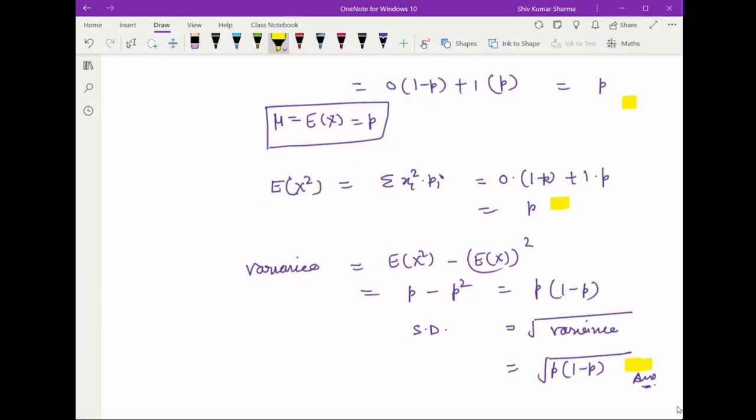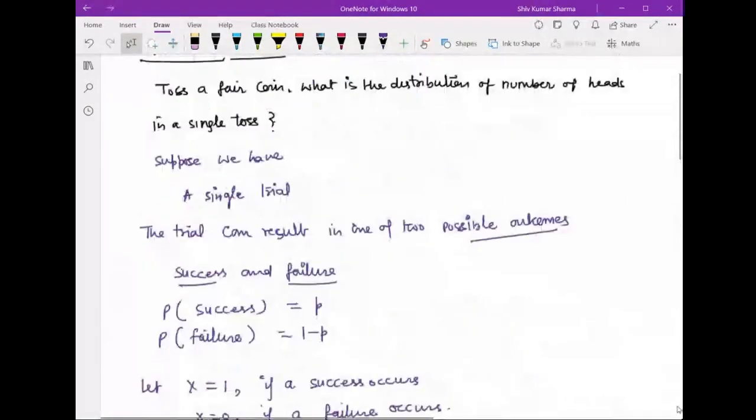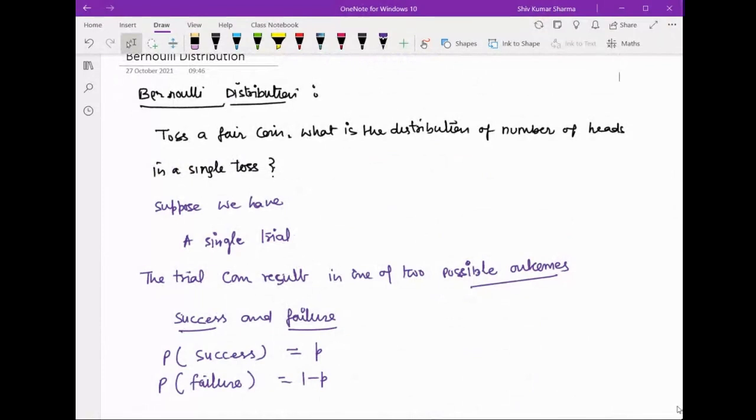Okay, so now we take one example related to the Bernoulli distribution. First, you understand that the Bernoulli distribution considers only success and failure. So we can take an example: if a coin is tossed, what is the distribution of the number of heads in a single toss?